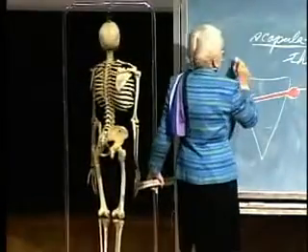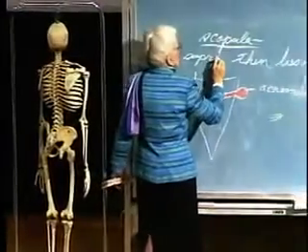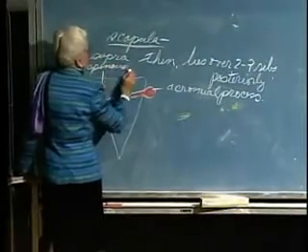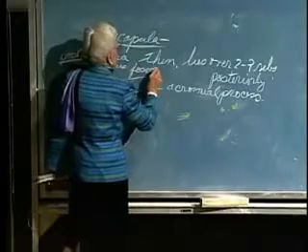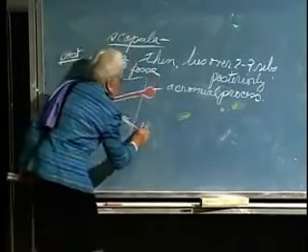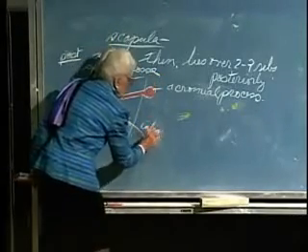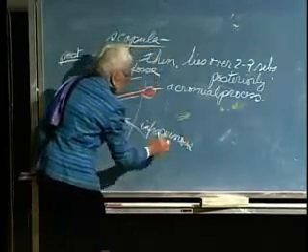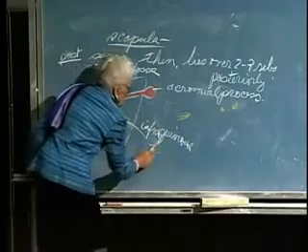So this is our supraspinous fossa, and this will be our infraspinous. We give these names because we'll have muscles here.